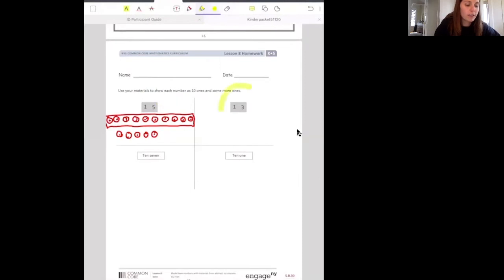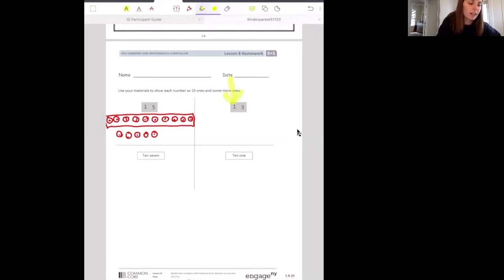All right, let's look at our next one. Look right over here. What number do you see? 13. Let's look at the tens first. How many groups of 10 do you see in the number 13? One group of 10. So go ahead, and this time, let's do hearts.